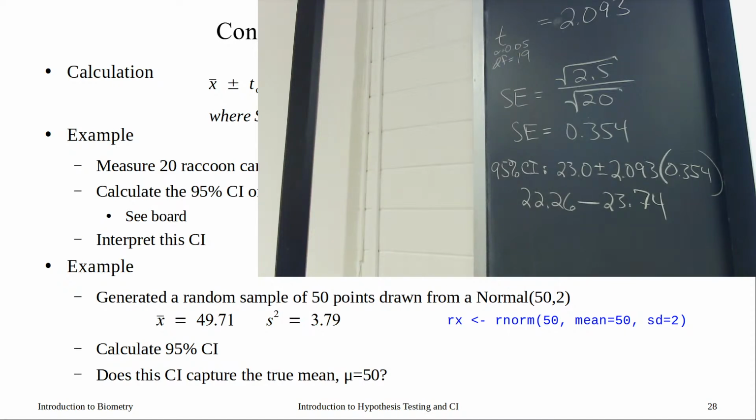Is that the range that you got? 22.26 to 23.74? Right? All right, so interpret that range.